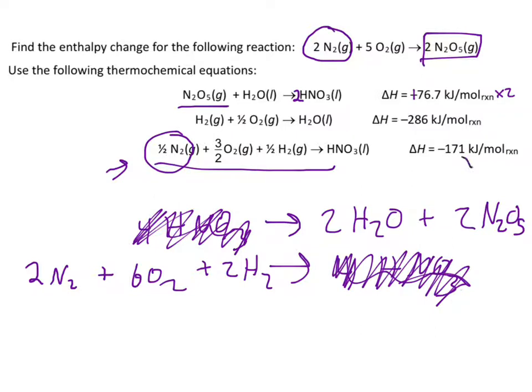So we end up multiplying this by 4. And now what we need to do is figure out how do we get 5 oxygens here. First off, we have 6 oxygens here already, so we already have more than we need. We also have these 2 here which we don't need.